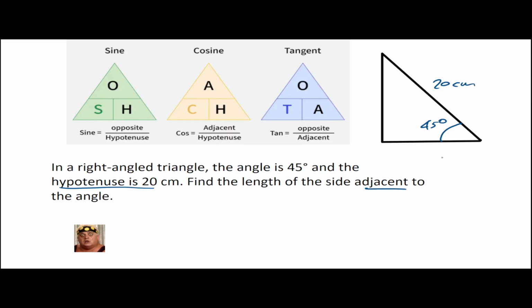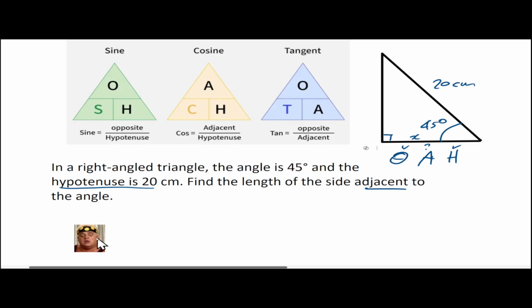Okay, so we've got the theta and the hypotenuse. We're looking for the adjacent side. So let's call this side x. This is the adjacent side, because this is a right angle triangle. Which of these are we going to use? Which one has A and H? Well, it's going to be cosine here.